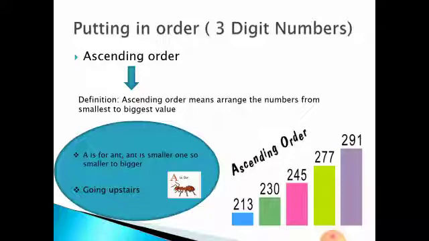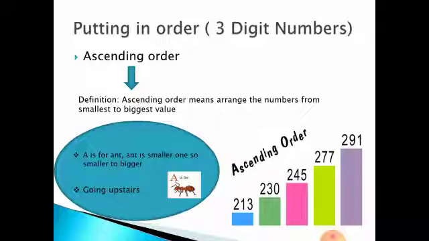As you move upstairs, you start from the first step and then gradually you move ahead, move upward. Same is the case with ascending order. In ascending order, we start writing the number with the smallest place value first, then gradually we move ahead, and then at the end we write the number with the greatest place value.